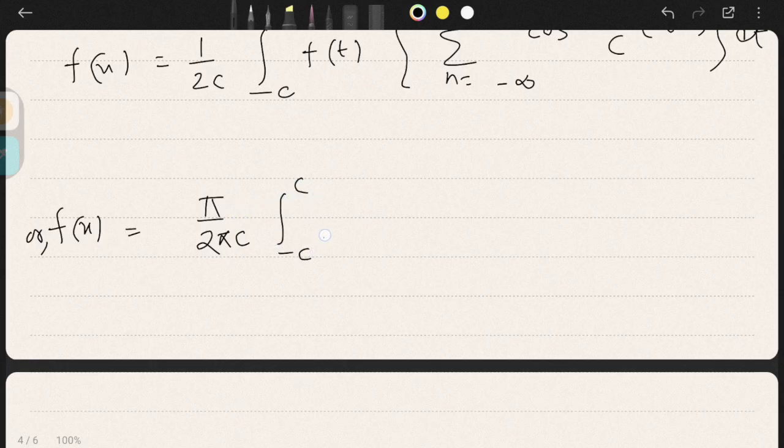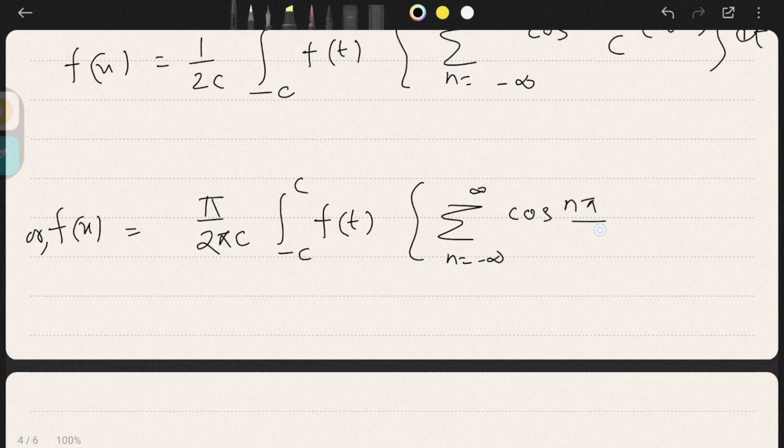So it will be the integral from minus c to c of f of t, with pi by c, the summation from minus infinity to infinity of cos n pi by c times t minus x, dt.